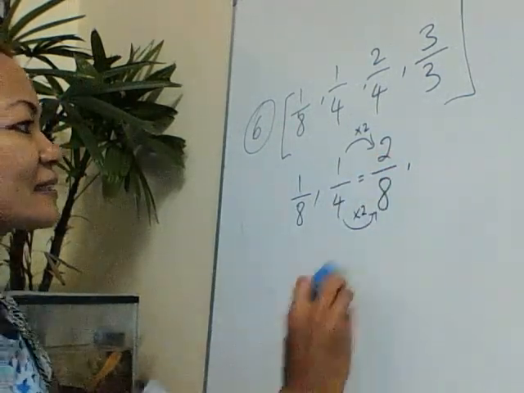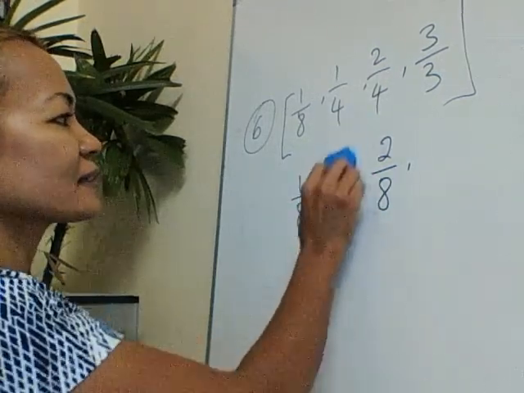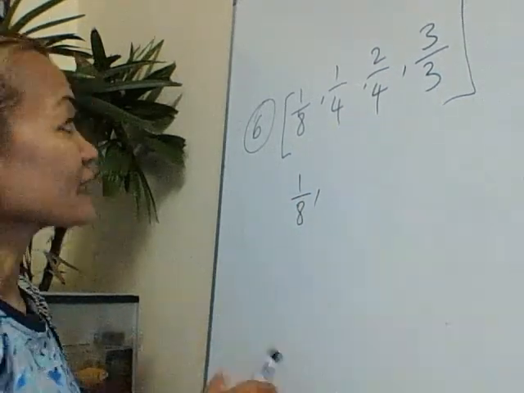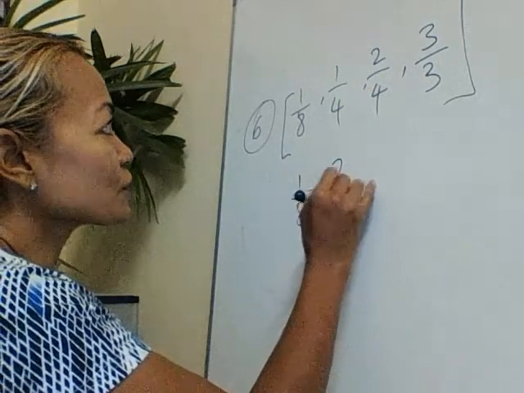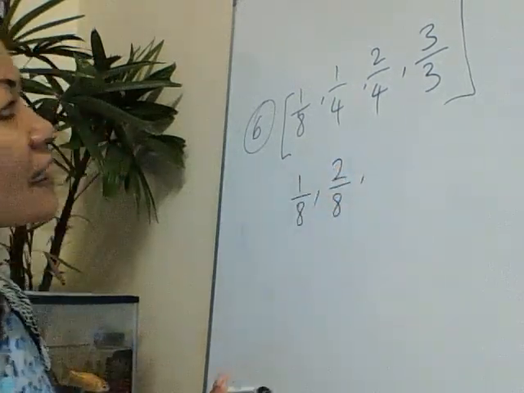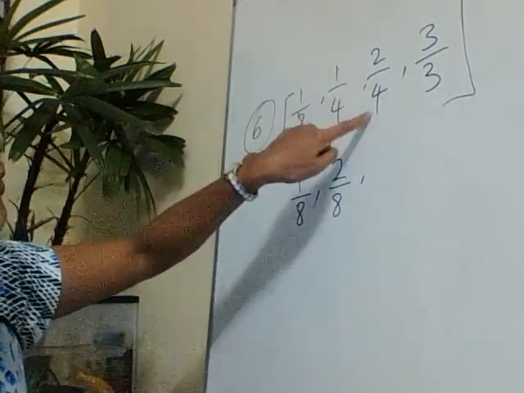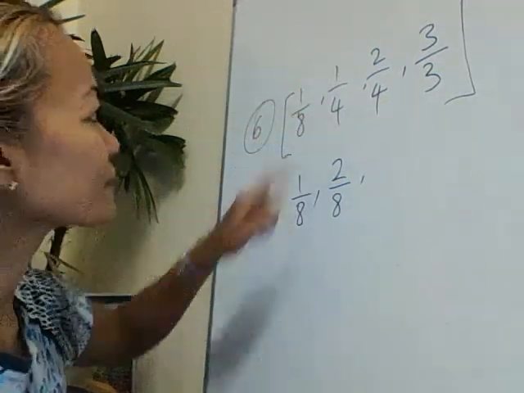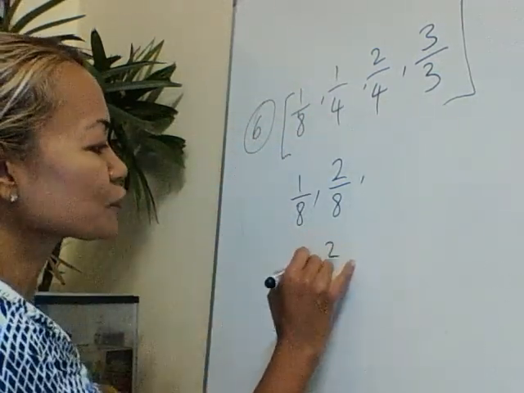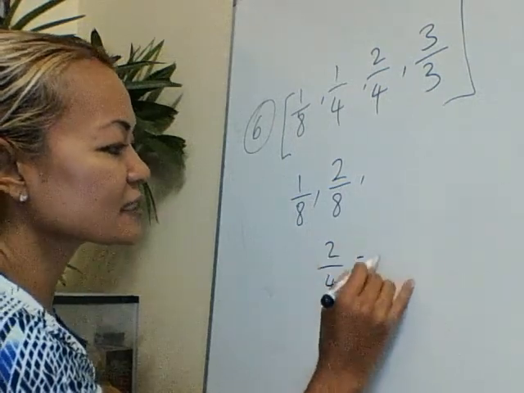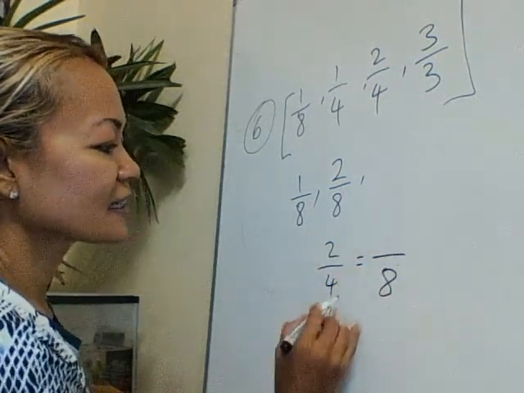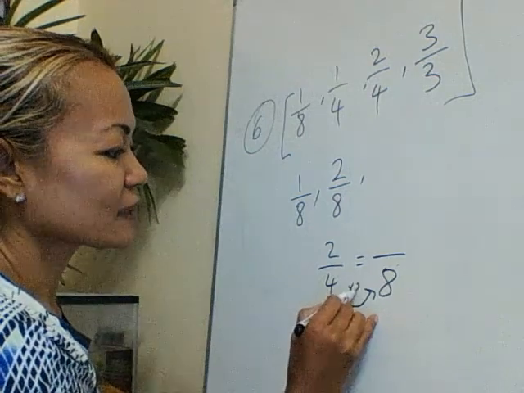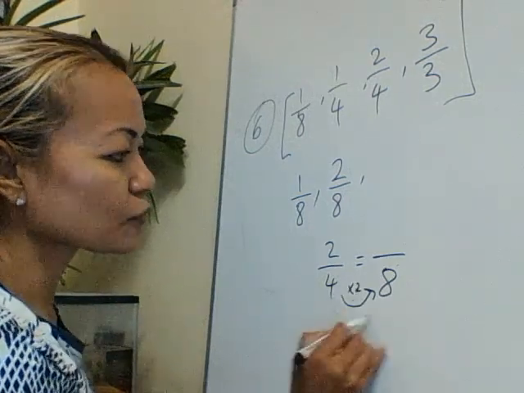Okay. So I'll write it here. So this is 2/8. Now 2/4 would be double 1/4. Because if you put 2/4 and you convert it to something over 8, multiply by 2 to convert the 4 to the 8.